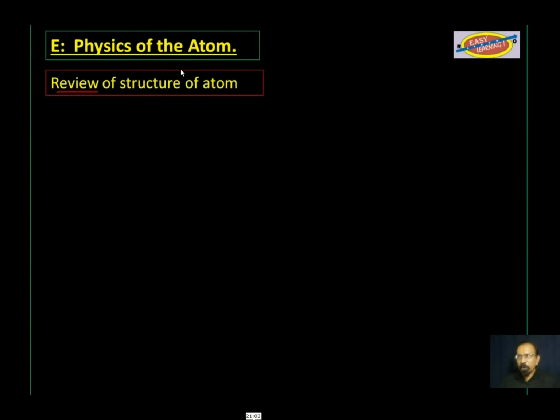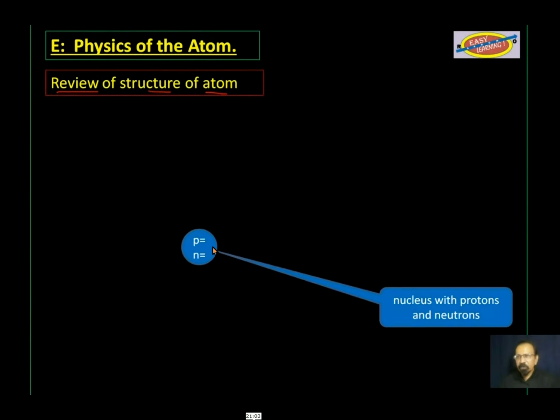First, we will review the structure of the atom as you have learned it in your chemistry class and your physics class and your general science class in lower classes. We know that it contains a nucleus with protons and neutrons, and around it there are energy levels called shells.